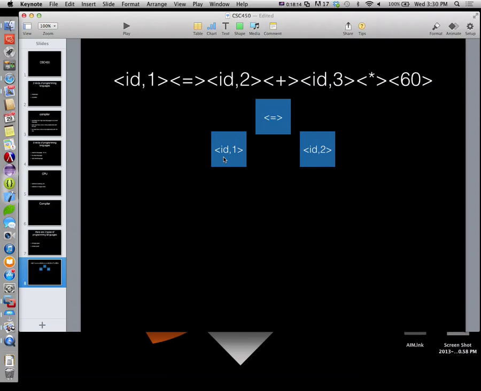Because there's already another value there, an identifier. Yes. We already have a value there, something that's a non-operator, non-other. So we're going to go to the right. But we have an identifier there too.